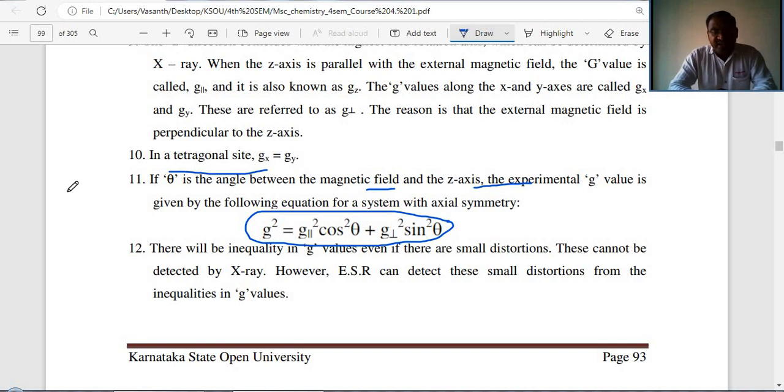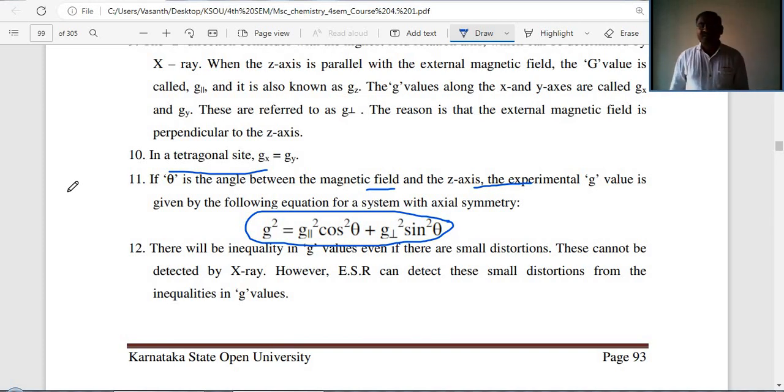There will be inequality in g values even if there are small distortions. These cannot be detected by X-rays.